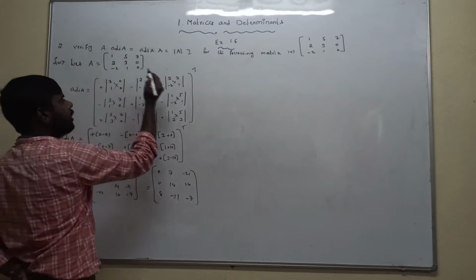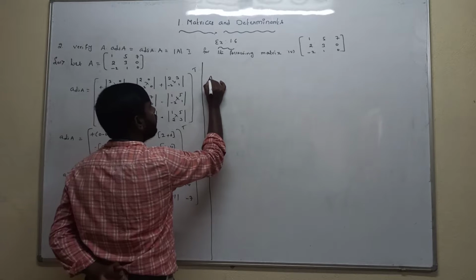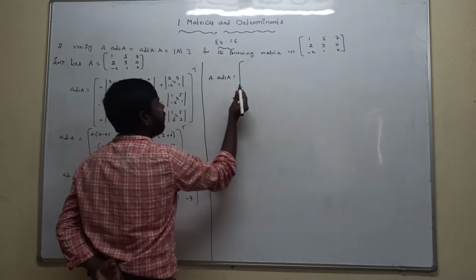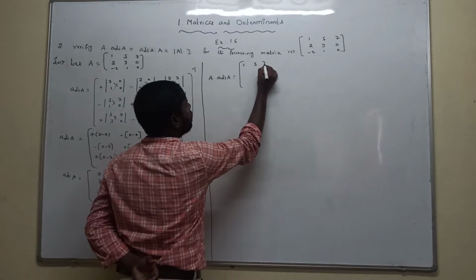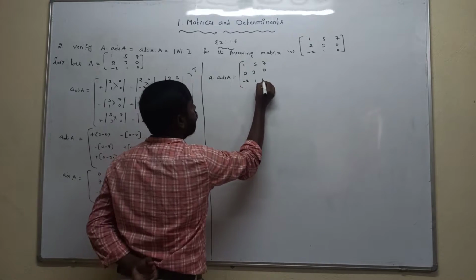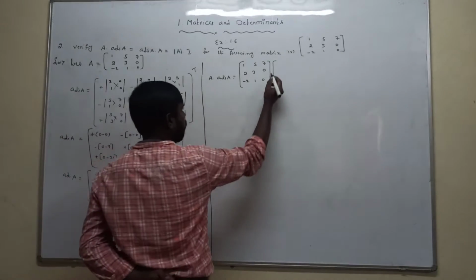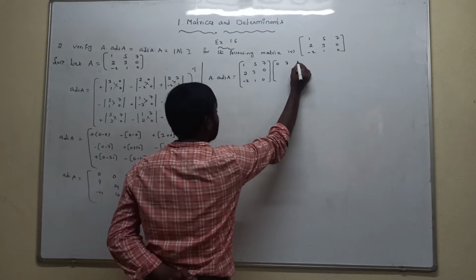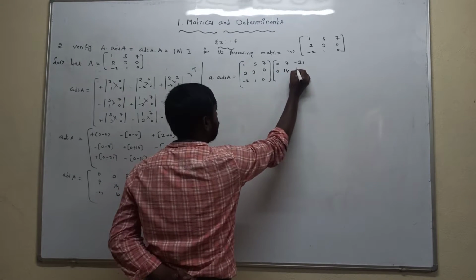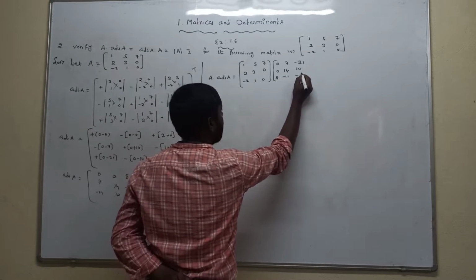Next we need to calculate A into adjoint of A. Substitute the A matrix, which is 1, 5, 7, 2, 3, 0, minus 2, 1, 0. Substitute the adjoint of A matrix, which is 0, 7, minus 21, 0, 14, 14, 8, minus 11, minus 7.